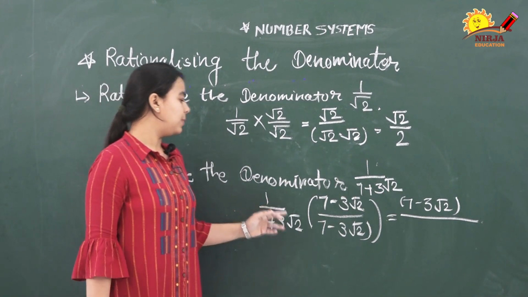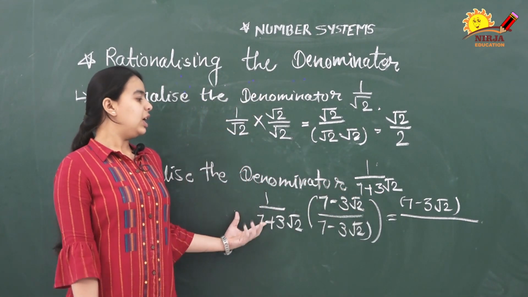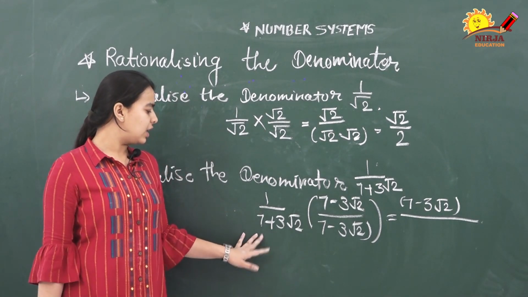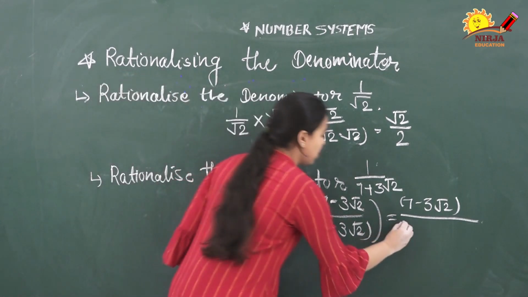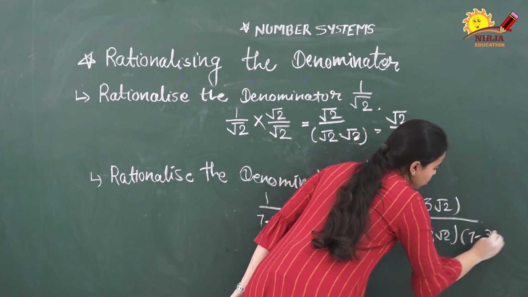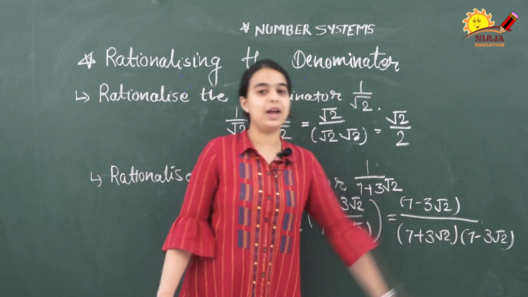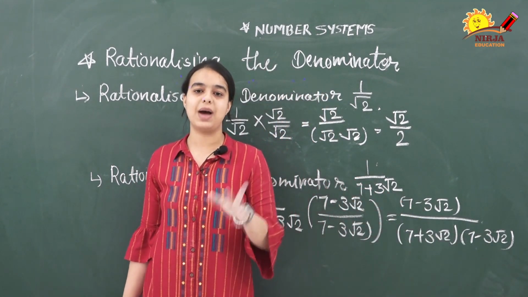If you multiply any number with 1, the result will be the number itself. In the denominator, we are getting (7 + 3√2) multiplied by (7 - 3√2), and we have the identity (a + b)(a - b) equal to a² - b².